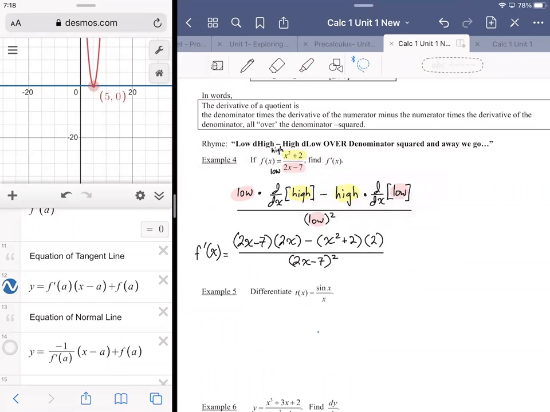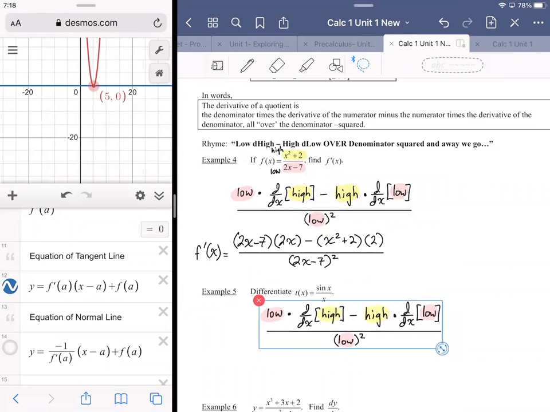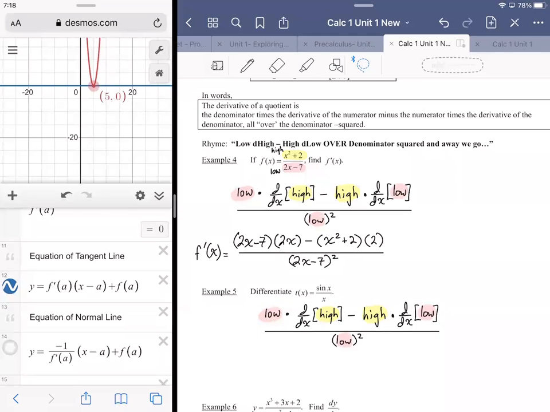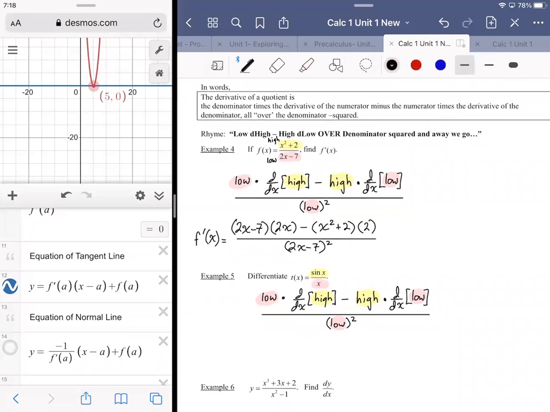Just like with the product rule, we do another example, you see it's really essentially the same thing. You got your high, you got your low. You're just inserting derivatives appropriately. So the low is x, unchanged. The high, well, I want the derivative of the high. So derivative of sine is cosine.